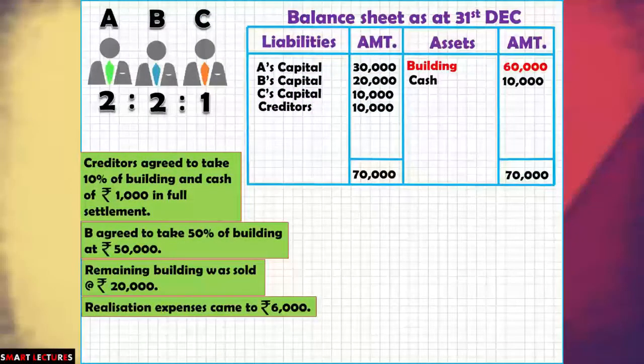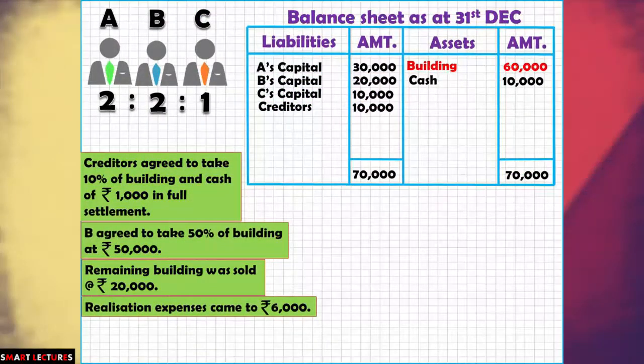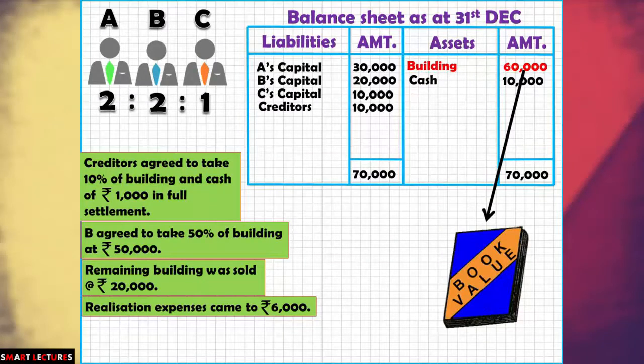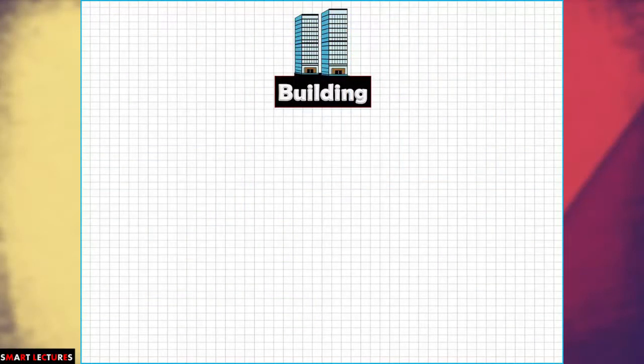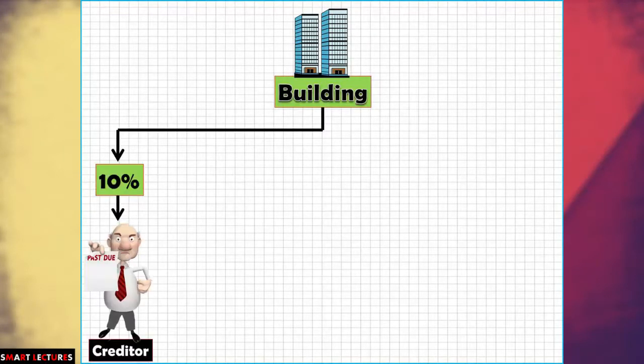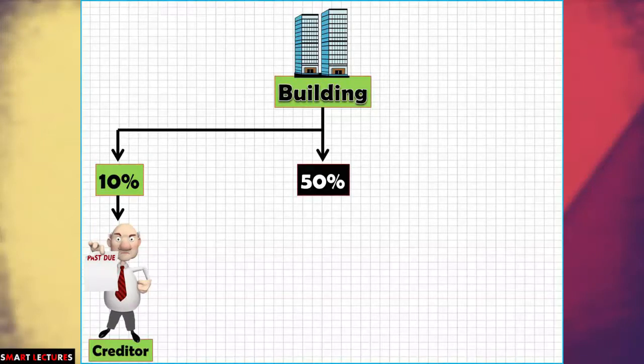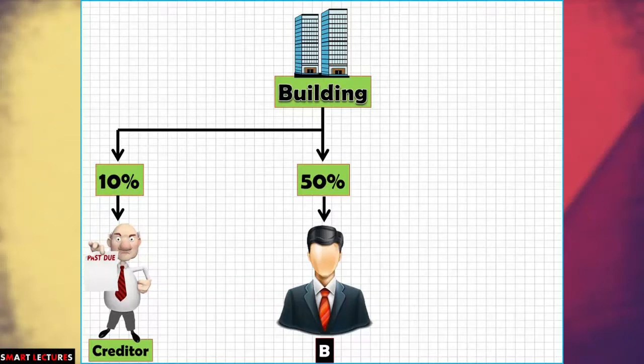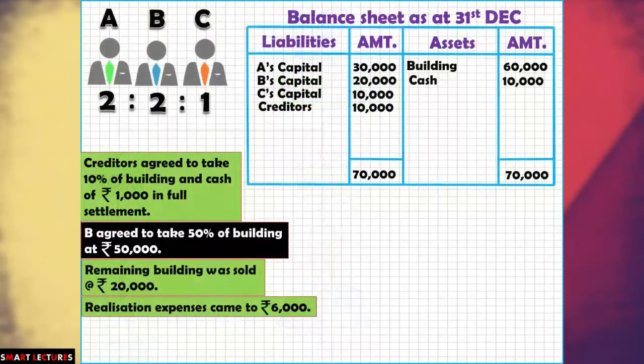Now let's jump to building. The value of building as per our books was 60,000. Let's split the building into three parts in our graphics. First part is 10%, which was taken by creditors, and the second part is 50%. It was taken by B, because it's clearly stated in our question that B agreed to take 50% of building at rupees 50,000.